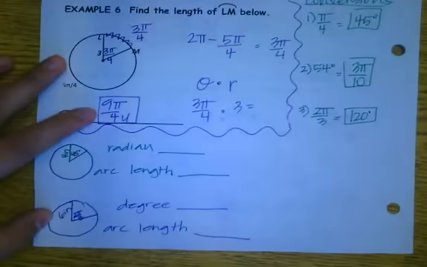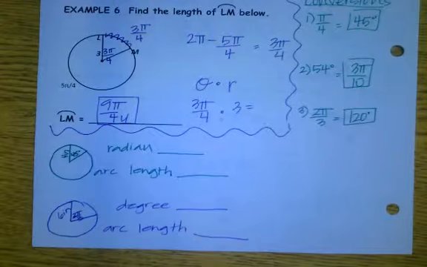Okay, ready? The first one has a radius of 4 inches and a degree of 45 degrees, and the second one has a radius of 6 inches and a radian measure of 2 pi over 3.